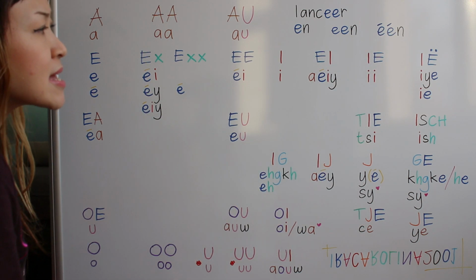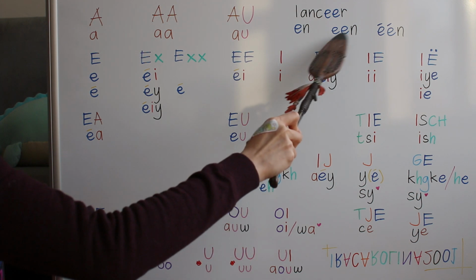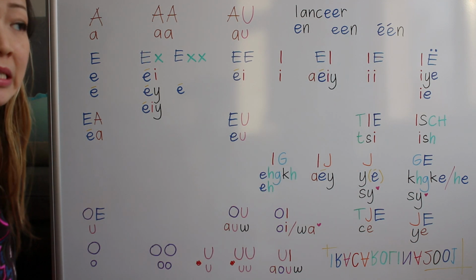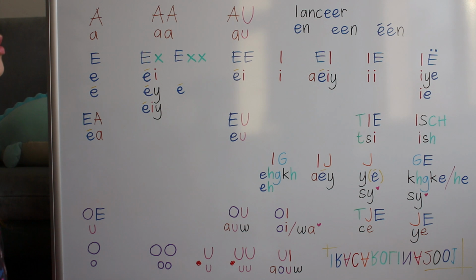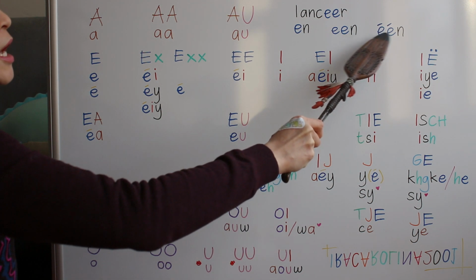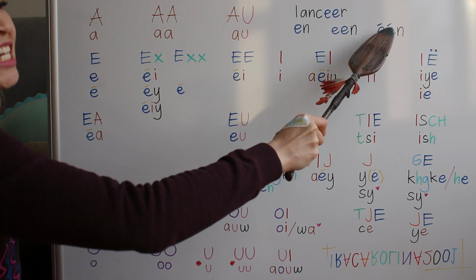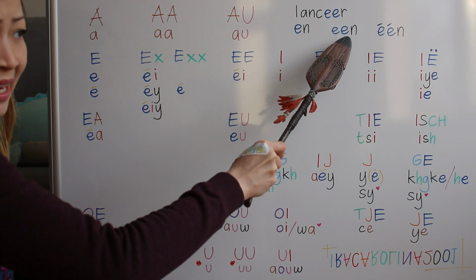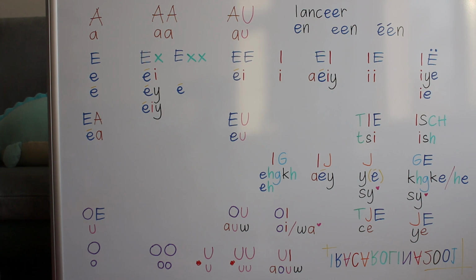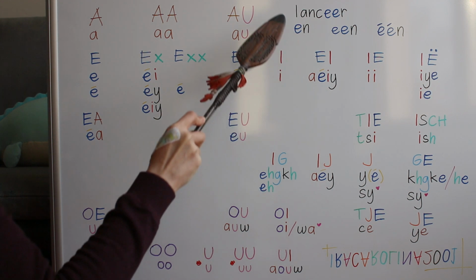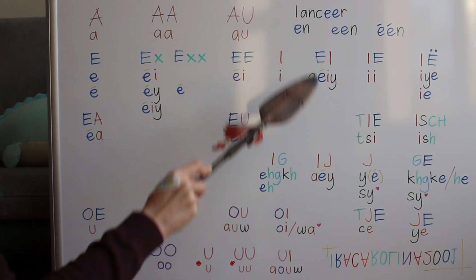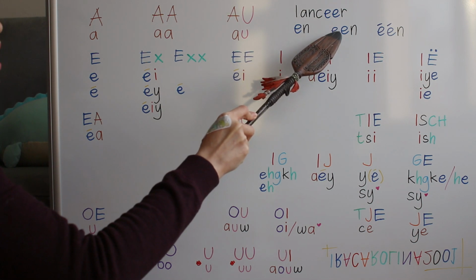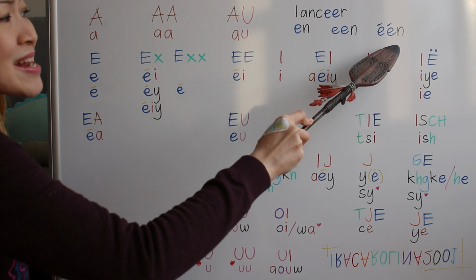If you want to say one but don't emphasize it, you read it as an. I will repeat: Landseer, en, an, ein.